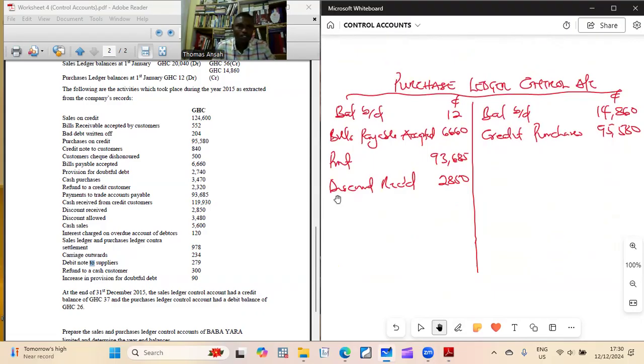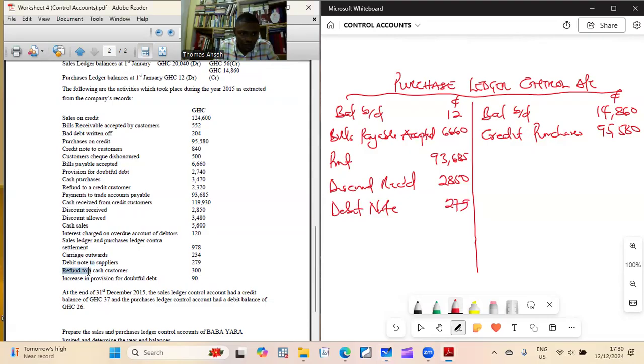The supplier has to give us the debit note. So we will rather receive those kind of notes. So let's make it a debit note from the supplier, which means that it is reducing, it's like return outward. So debit note. How much is that? 279, right?